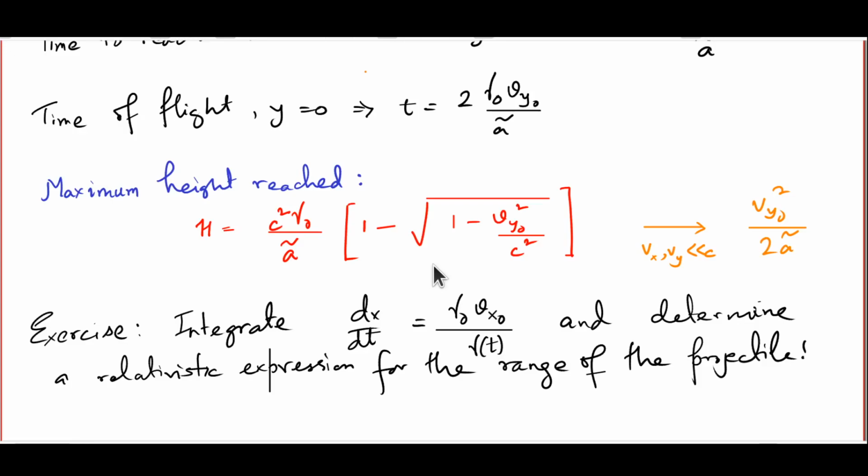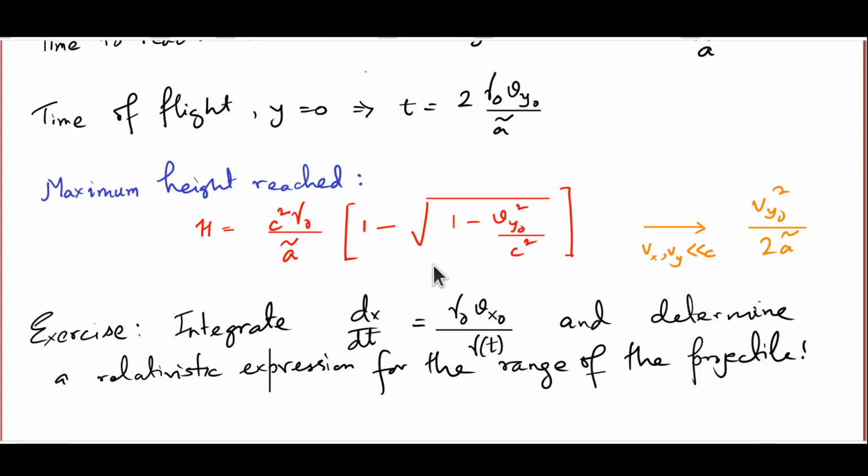It actually decreases back to the original value of Vx0 when the particle returns back to the same height it started out from. But in between, unlike the case of non-relativistic projectile where Vx is constant throughout, Vx actually takes a value which is larger than the value it initially had.